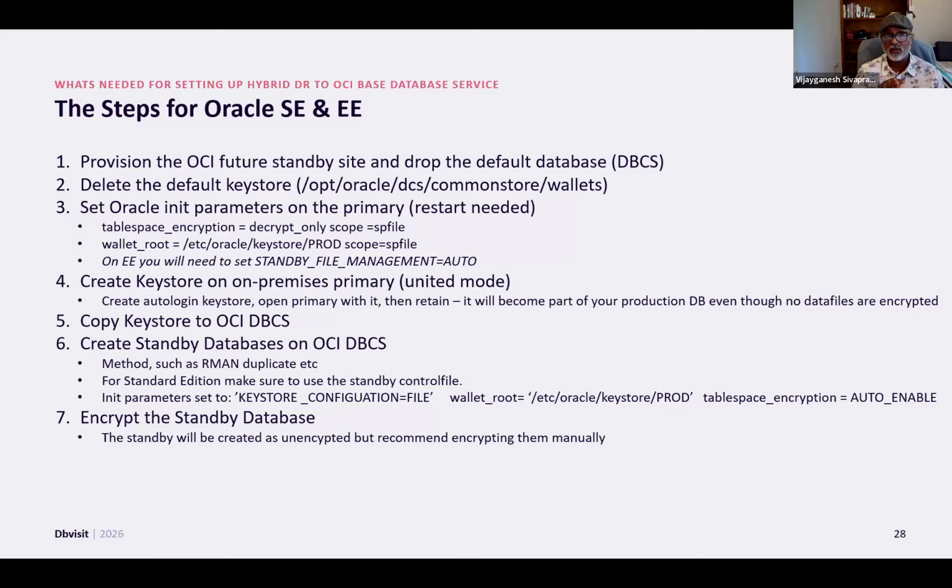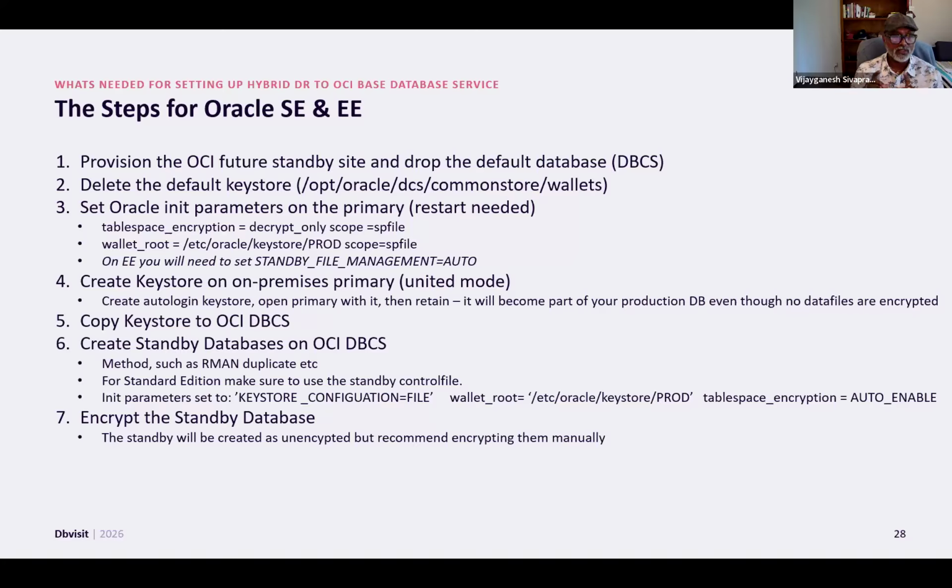Once this is done, you copy the key store or encryption wallet keys that were created in your on-premise environment to your standby environment in OCI. Then you create your standby database in OCI DBCS. You can use duplicate database or you can use dbvisit. For standard edition, ensure that you use a standby control file. That's also very important.